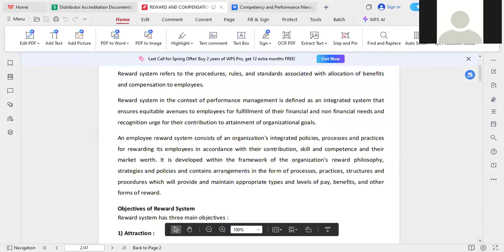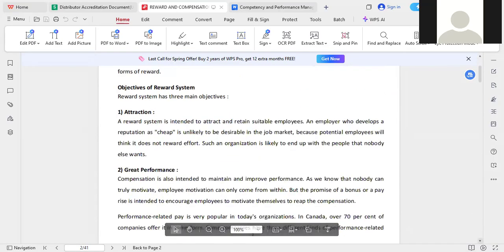Okay, so the objective of a reward system is attraction. We were able to look at all of that yesterday.